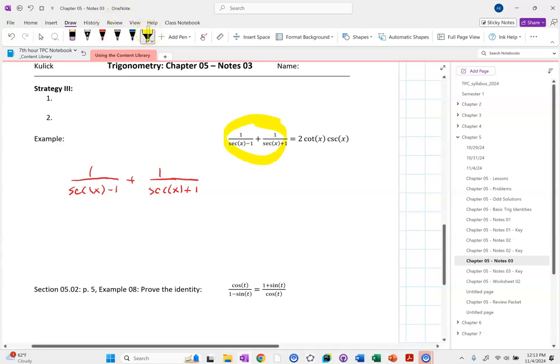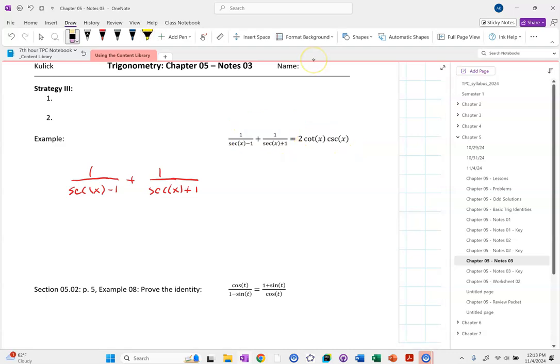We have two things on the left-hand side, right, Joey? And we have one thing on the right-hand side. How do we take two things that are added and turn it into one thing? You've got to add them, right?